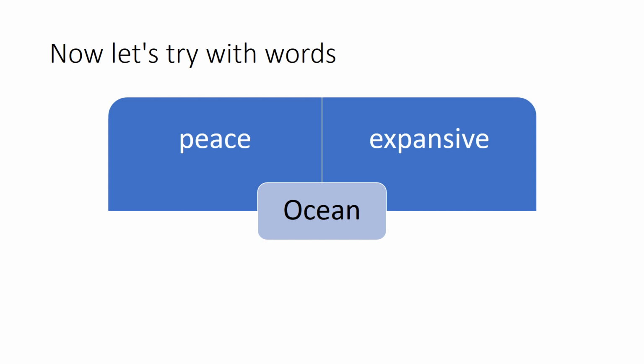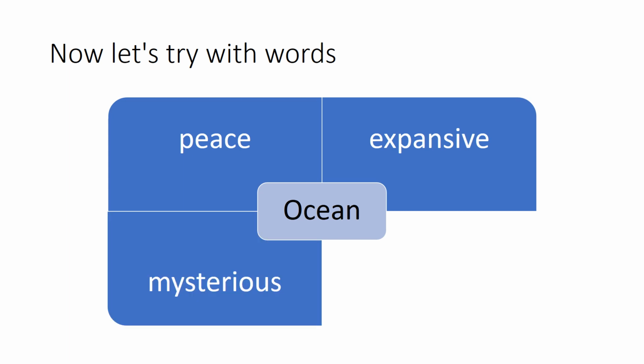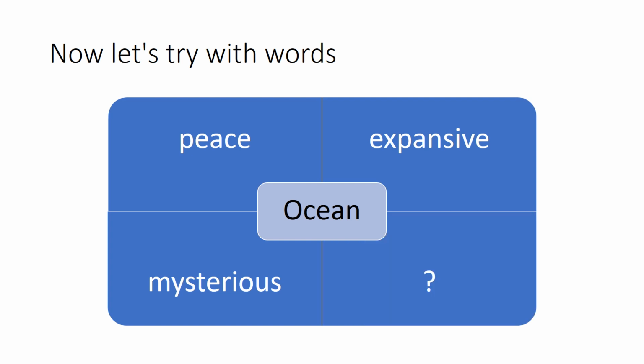Or ocean, peace. There is an ocean in my brain. It feels so peaceful. Or mysterious. I really cannot figure out this person. He's like an ocean, meaning he's mysterious. But what is the real meaning of ocean?